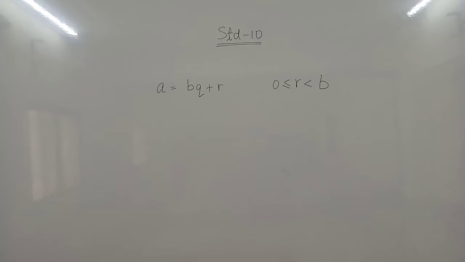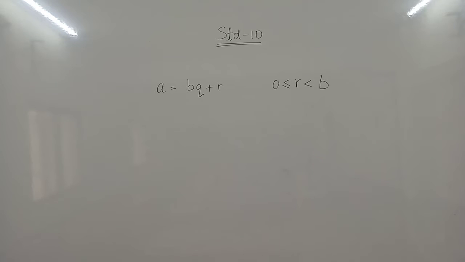You have done this in previous classes, but we revised it yesterday. Then we learnt a rule that HCF into LCM of two numbers is equal to the product of the two numbers. So once we find the HCF, we can find the LCM by saying A into B upon HCF of A and B.